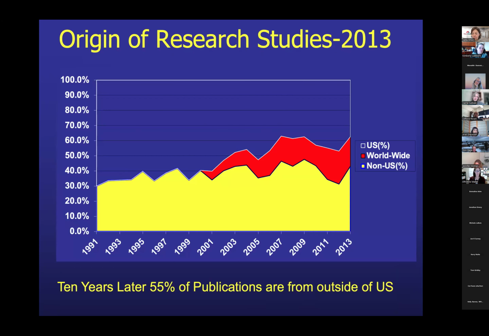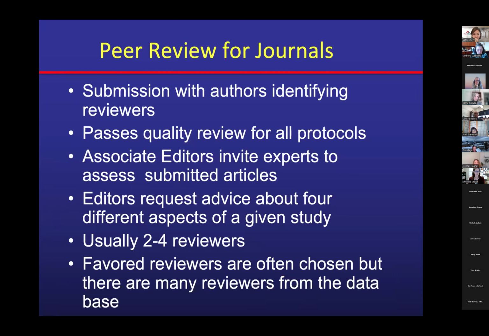And the number of non-American publication submissions has gone up considerably, and the number of accepted publications has also gone up from almost none 10 years ago to about half of the submissions now outside the United States.